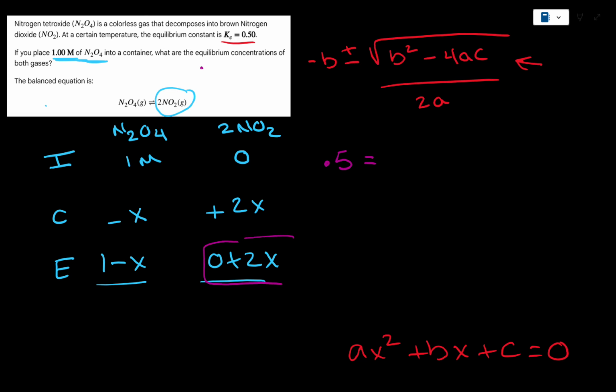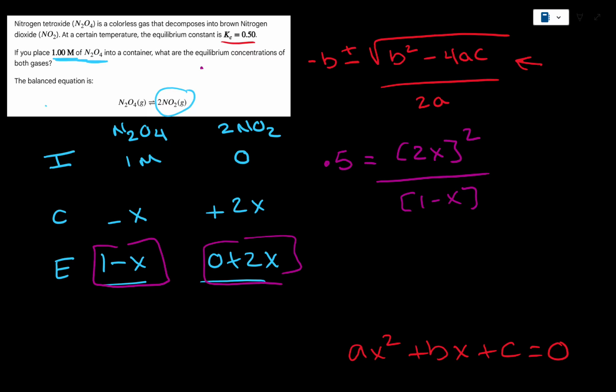So this is going to be the equilibrium value right here. And you can just put 2x, because 0 plus 2x is 2x. So it's going to be 2x squared, because the coefficient is 2, over the reactants, which is 1 minus x. And you don't have to square it or anything because there's no coefficient.